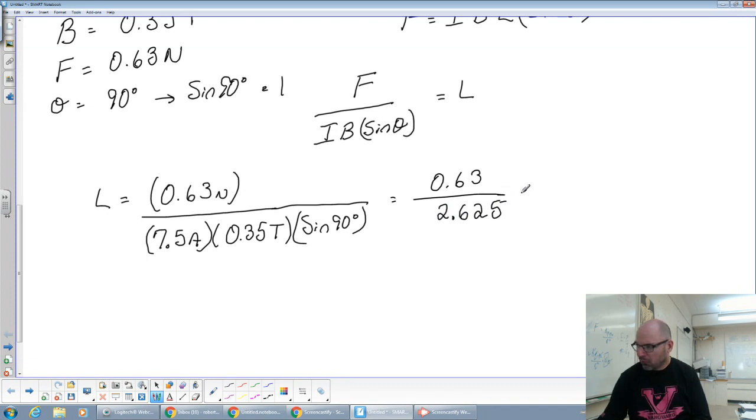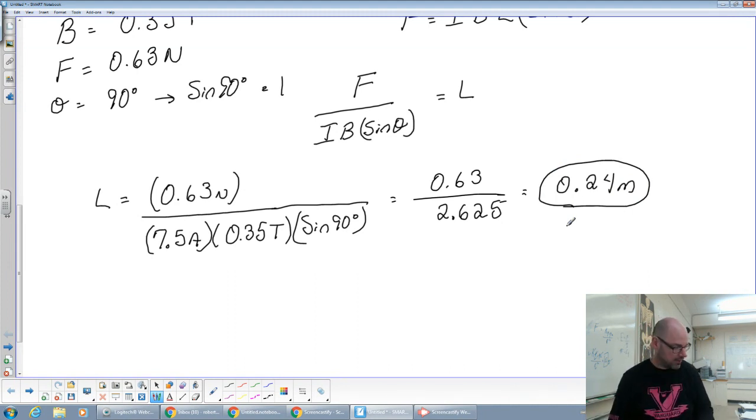Okay, and then if we do a division there, 0.63 divided by 2.625, you get 0.24 meters. Okay, two significant figures seems about right for that one. So that would be the length of wire in there.